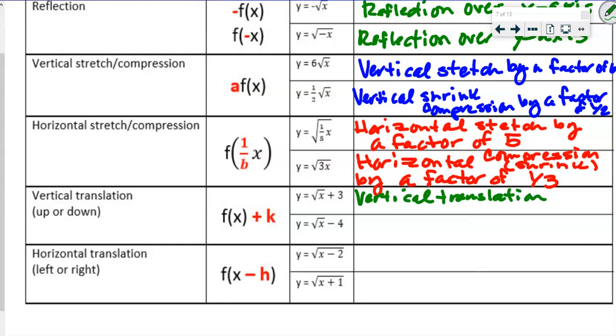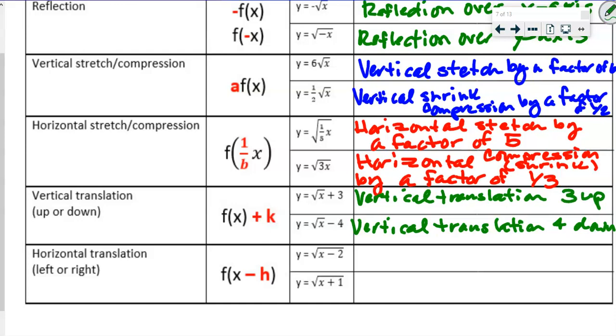How's it moving? 3 up, or 3 units up, right? And then what about the -4? This is going to be a vertical translation 4 down. And it could say units, y'all. So 3 units up, 4 units down. Let me fix that 3 so y'all can read it.